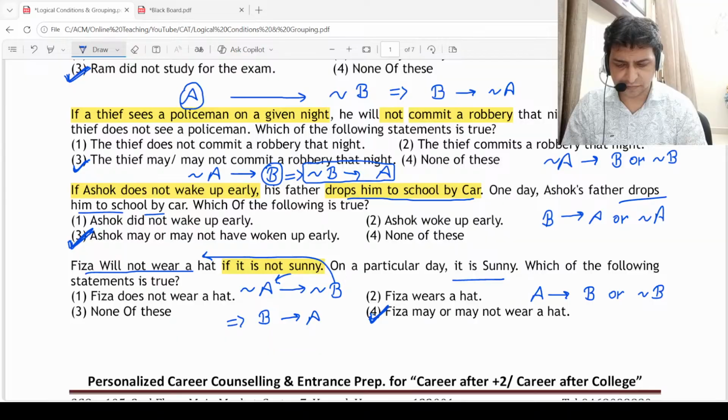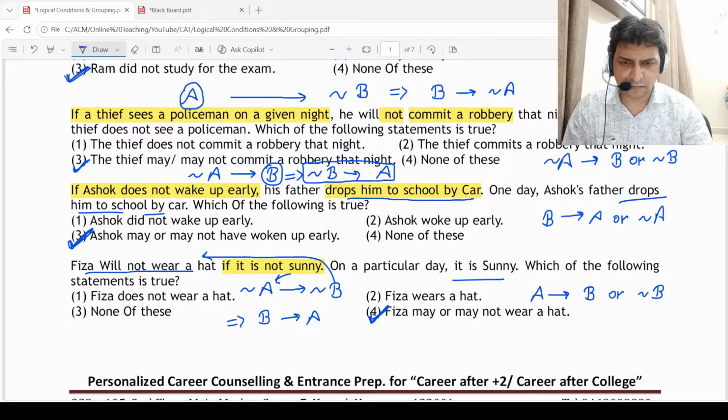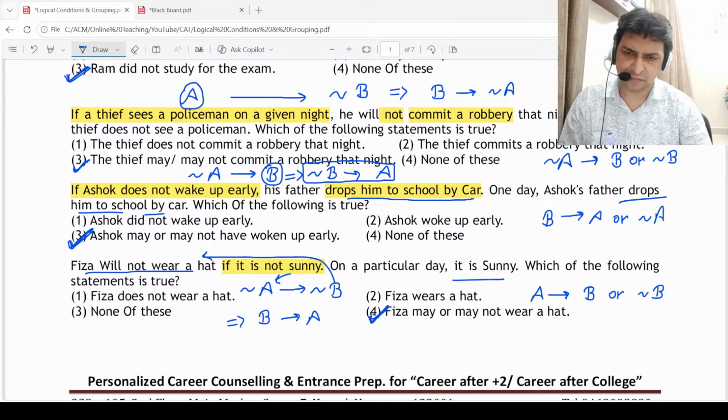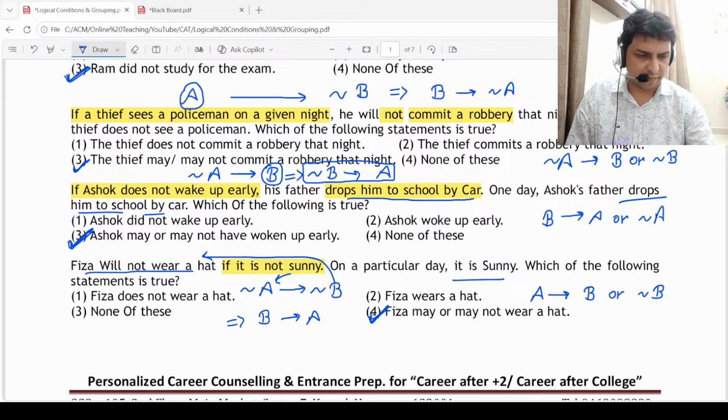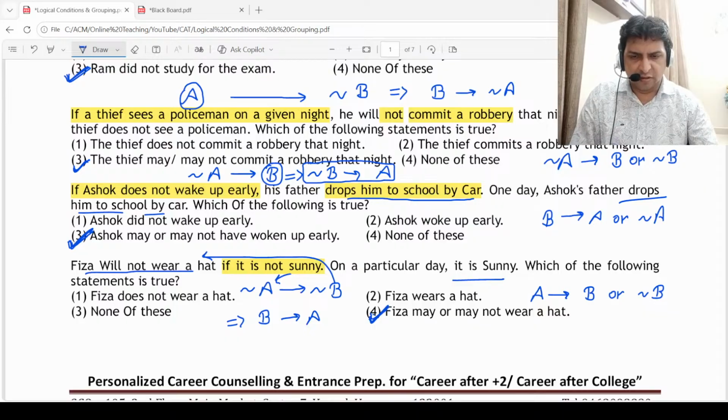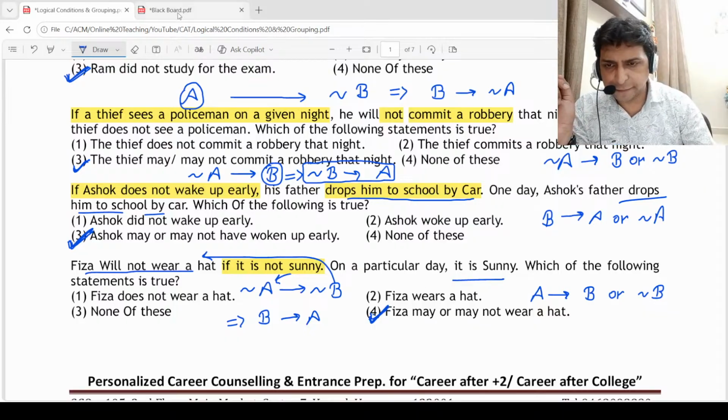Just checking it. Okay. I believe it is okay now. Let's come back. So where were we?